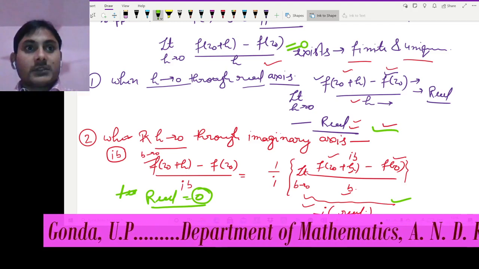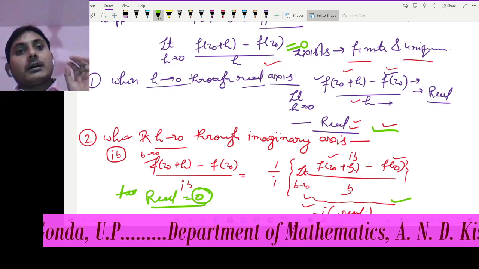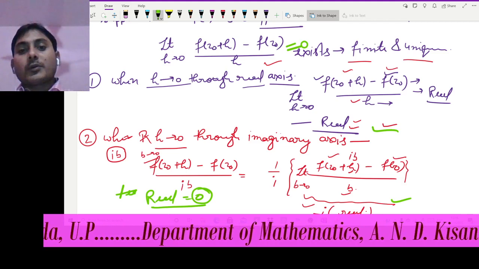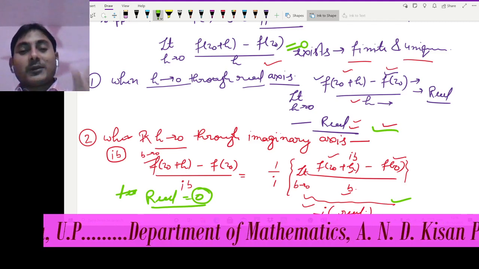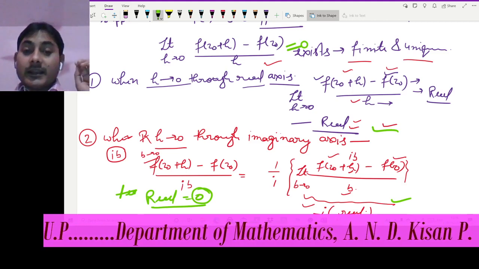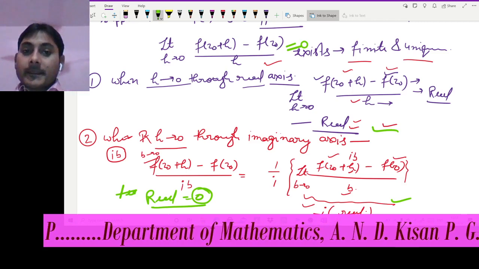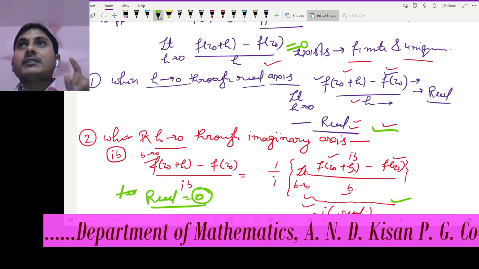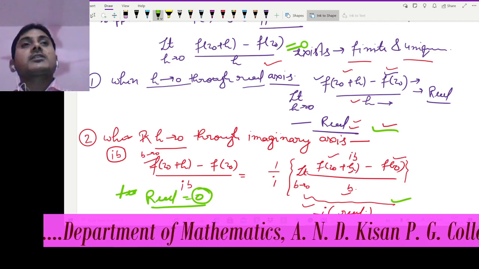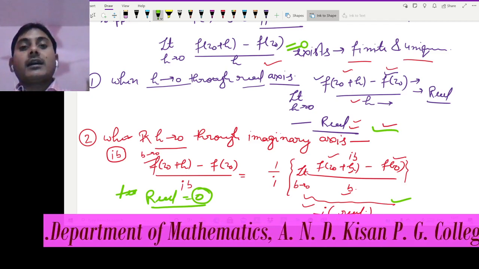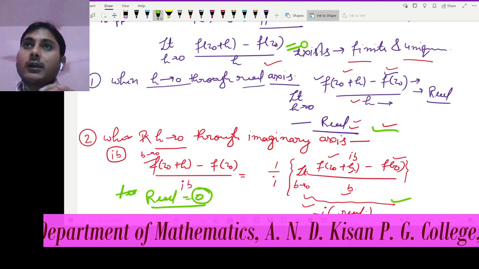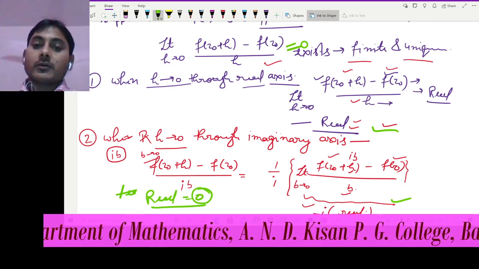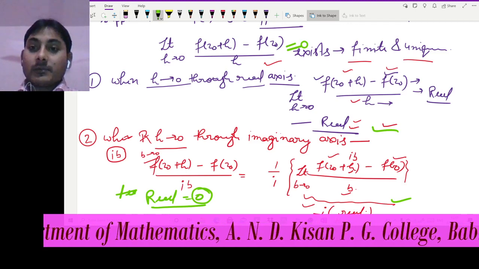I have proved that if you have a real valued function of a complex variable, and if it is differentiable at a certain point, then its derivative cannot be other than 0. No derivative other than 0 is possible.